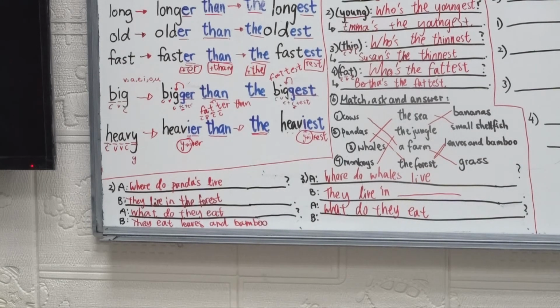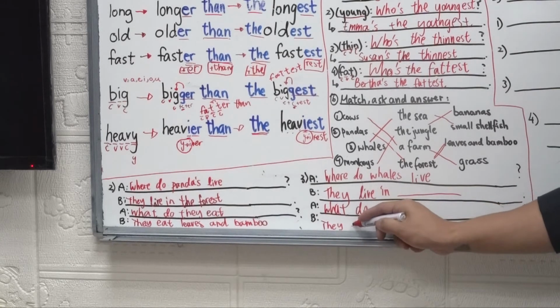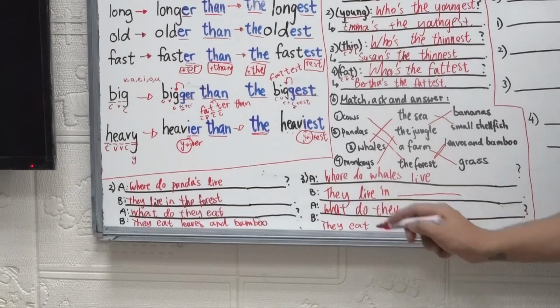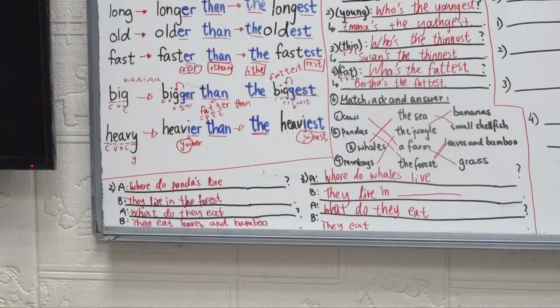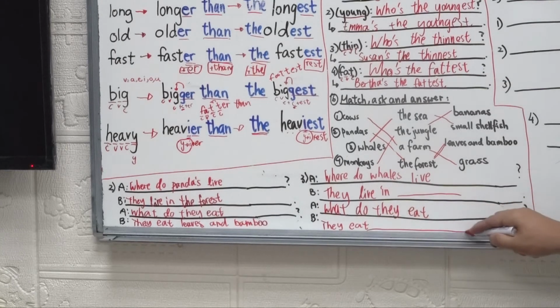And then you answer the question with they eat. You put the answer down here. What do they eat? They eat something. Again, you have the answers up here.